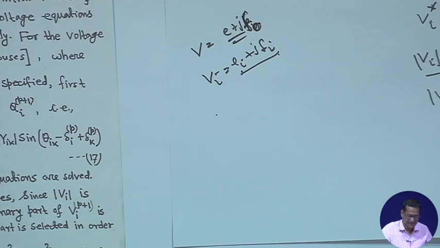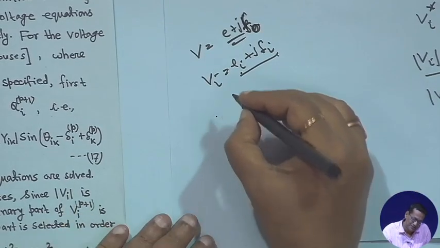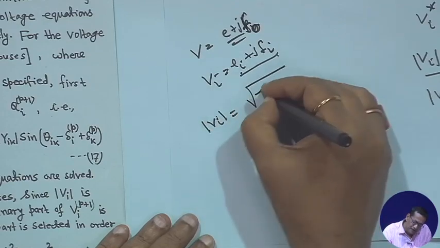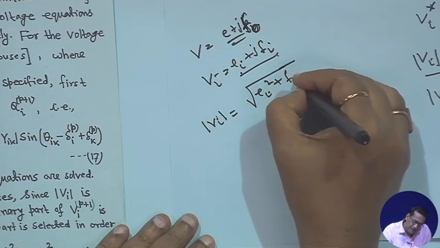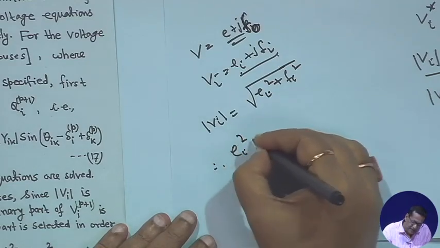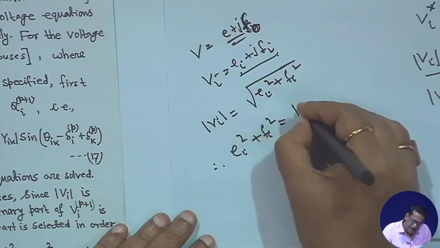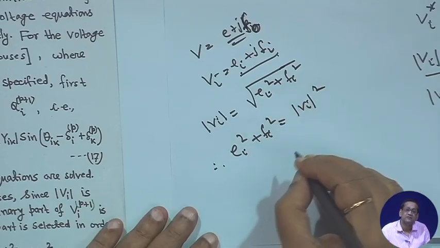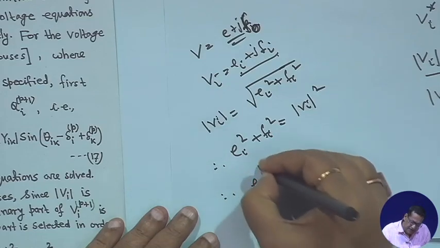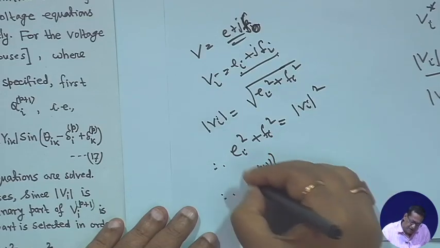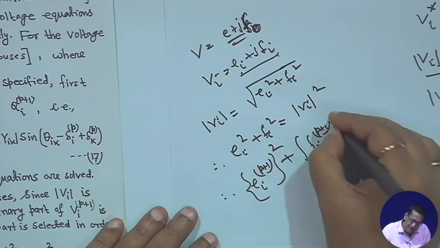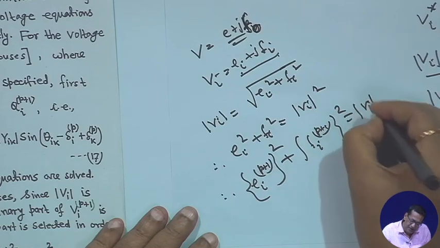So in this case, if my voltage magnitude remains constant, then Vi is equal to the square root of Ei square plus Fi square. That means I can write Ei square plus Fi square is equal to magnitude Vi square. At the p plus 1th iteration we can write Ei at p plus 1 whole square plus Fi at p plus 1 whole square is equal to magnitude Vi square.